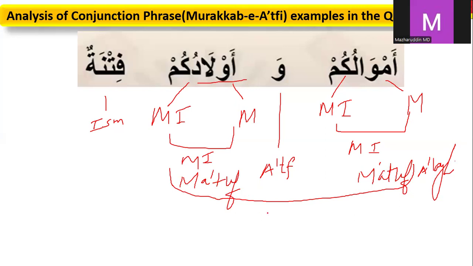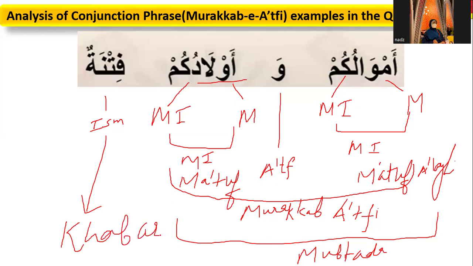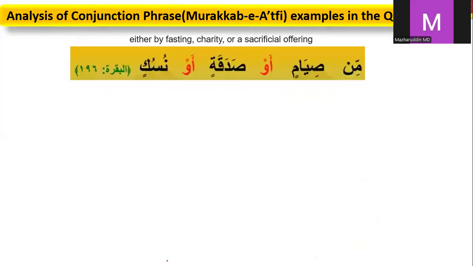And the whole is called what? Murakkabe atfi, first. And the whole murakkabe of atfi is your mubtada. And this one is an indefinite form, so we can call it khabar. Very good analysis, mashallah. That means you are getting it.